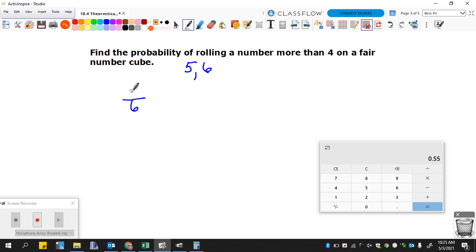So that would be 2 out of 6, which would be 1/3. So the probability of rolling a number more than a 4 on a number cube is 1 out of 3.